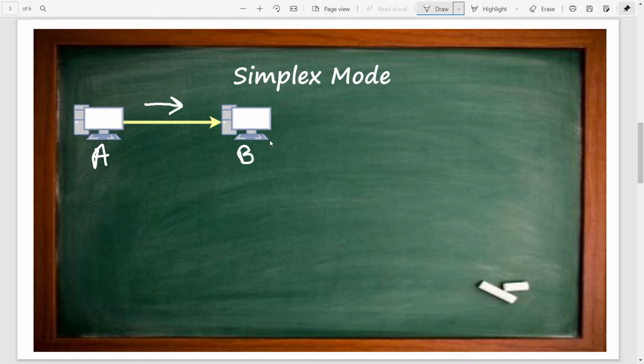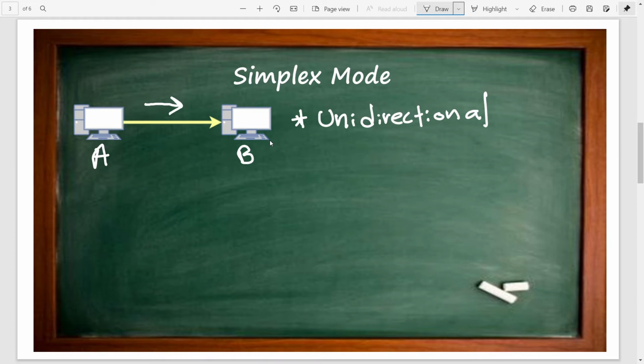In the Simplex mode network, we can say that Simplex mode is unidirectional. It means only one-way data communication is happening. A can transmit data to B, but B can't transmit data back to A. So, a sending device can't receive messages from any other device at any time.